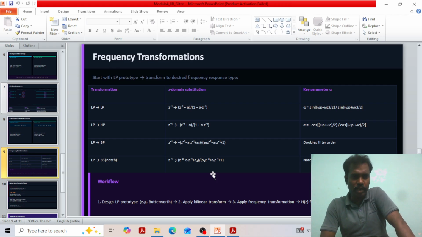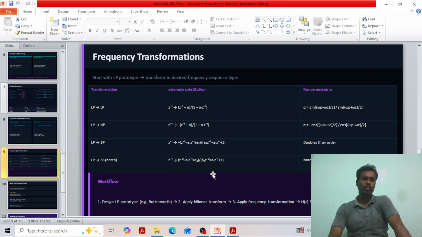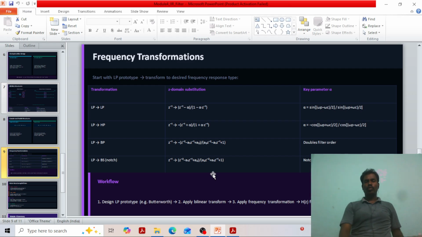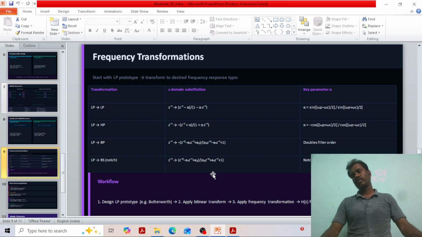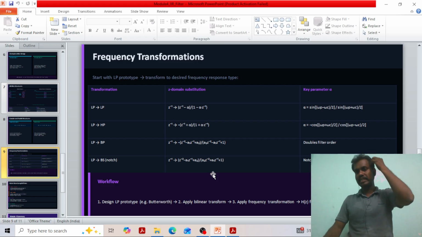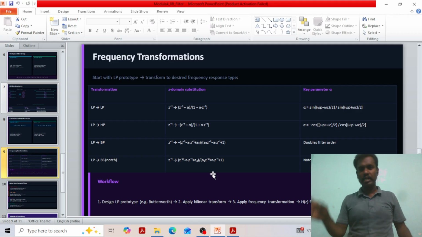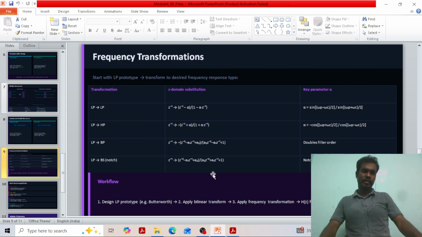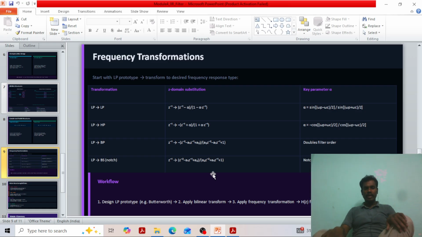We can use Z domain or we can use S domain also. In S domain, omega is represented with omega c by S. When we want to convert low pass into high pass, S is replaced with 1 by S. Here it is omega c by S. Omega c at the beginning we will consider as 1 radian per second. That's why it is 1 by S.